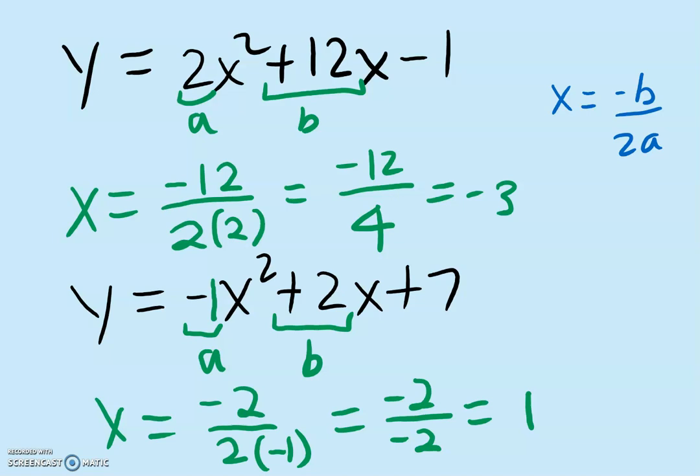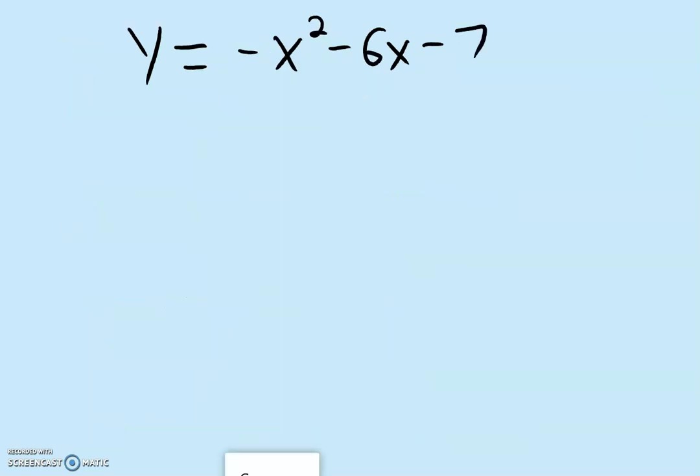In our next example, we will go ahead and find the x and the y-coordinate to be able to get the vertex. So to find the x-coordinate, we need to know what a is, which is negative 1, and b, which is negative 6. So we will use the equation negative b over 2a.